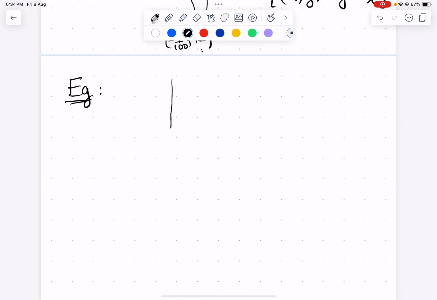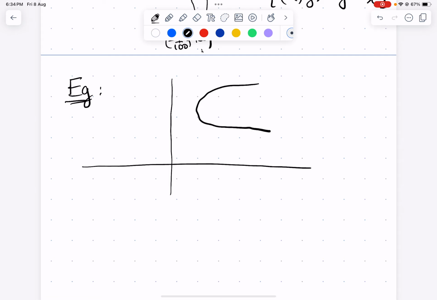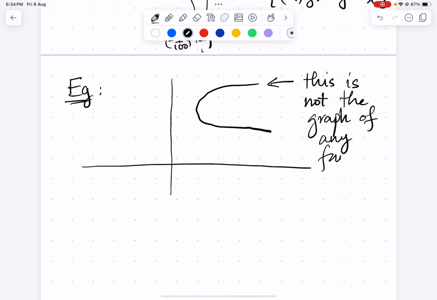For example, if you have some curve like this, this is not the graph of any function, because if you look at some point with some input x, you are getting 2 points on the curve, x comma y1 and x comma y2.